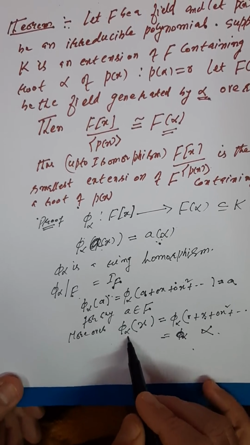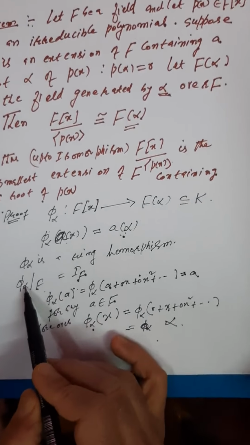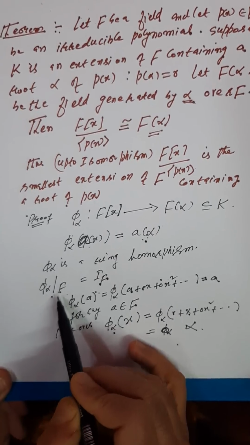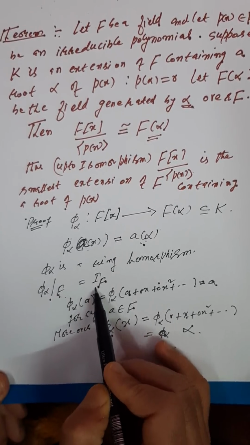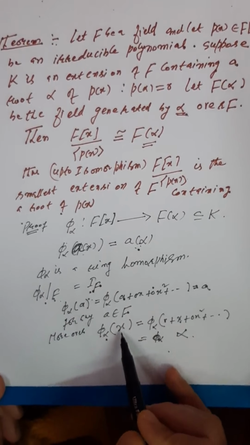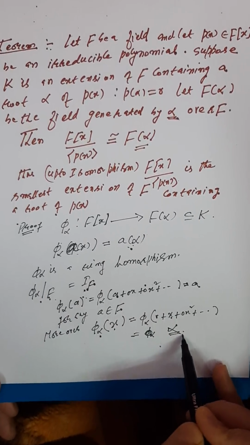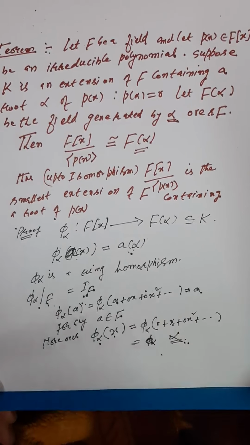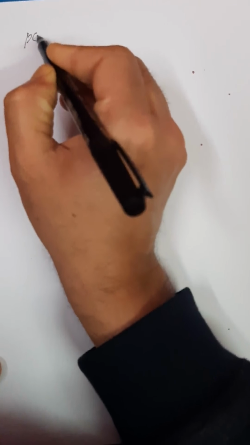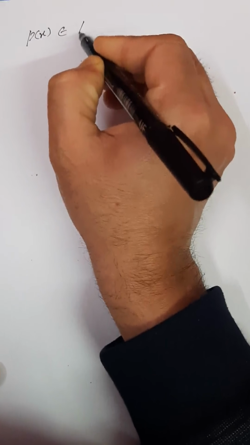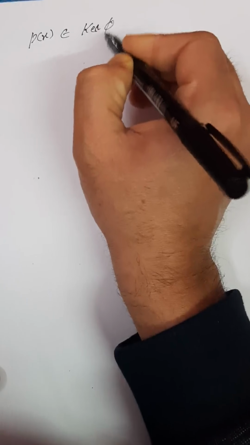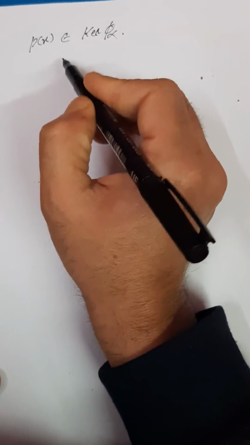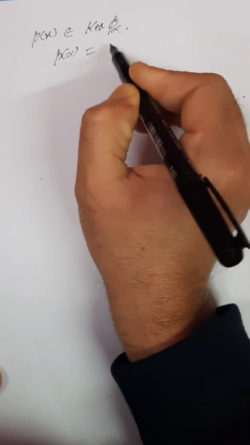So this map phi alpha has two properties. One property is that when we restrict phi alpha on F, it is the identity map on F, and it maps x to alpha. So you must note this. Moreover, this polynomial p(x) belongs to the kernel of phi alpha, simply because p(alpha) is equal to 0.